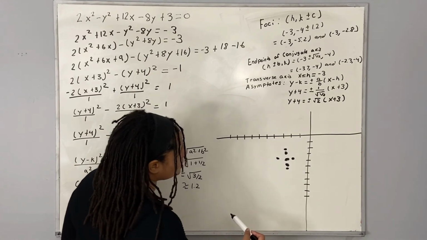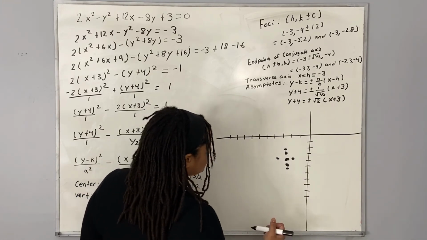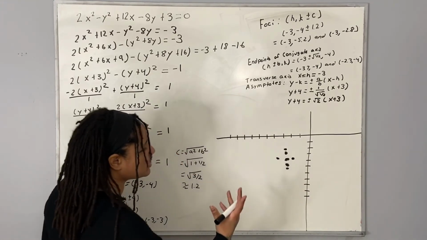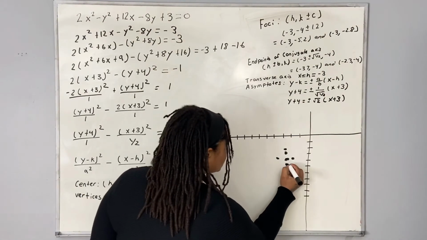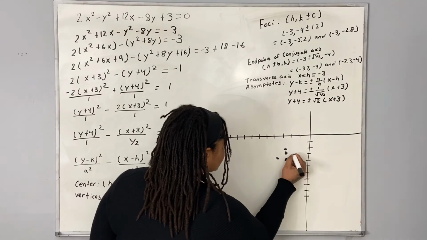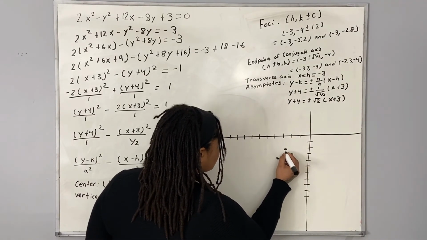And then what we're going to do is draw a box combining our vertices and the endpoints of the conjugate axis. So we're going to draw like a little box, just like this.